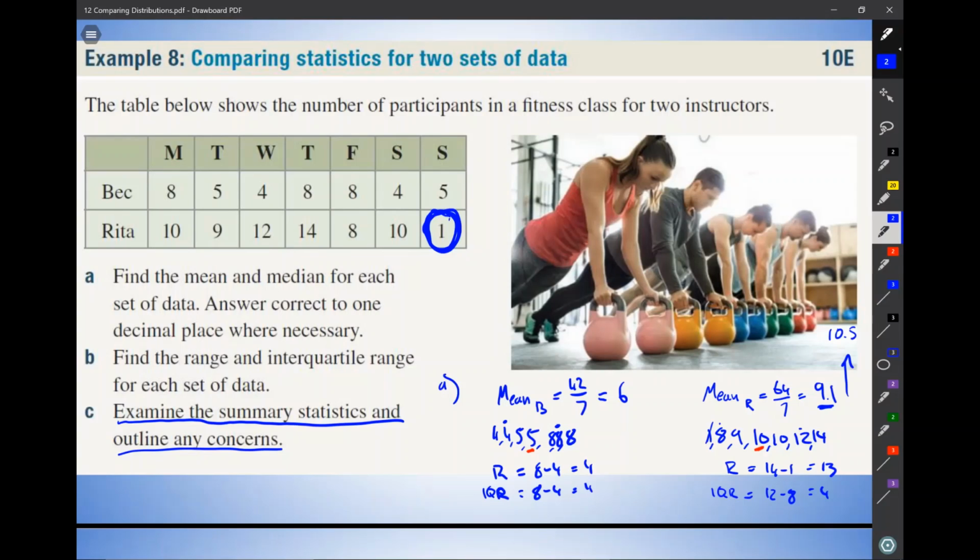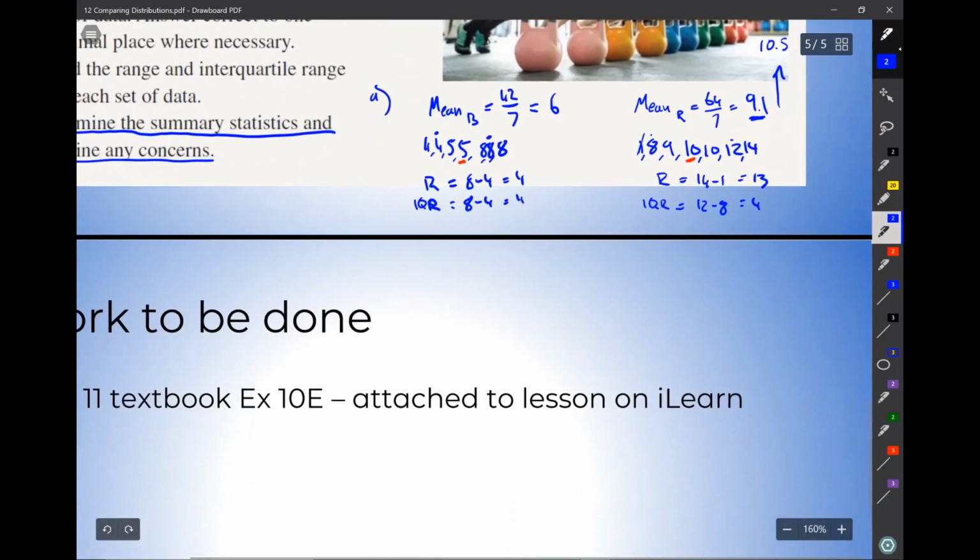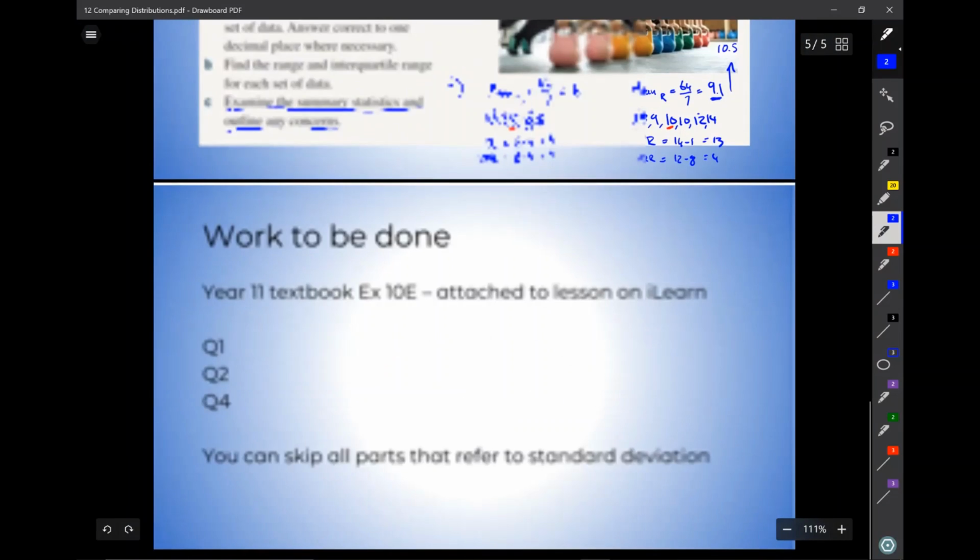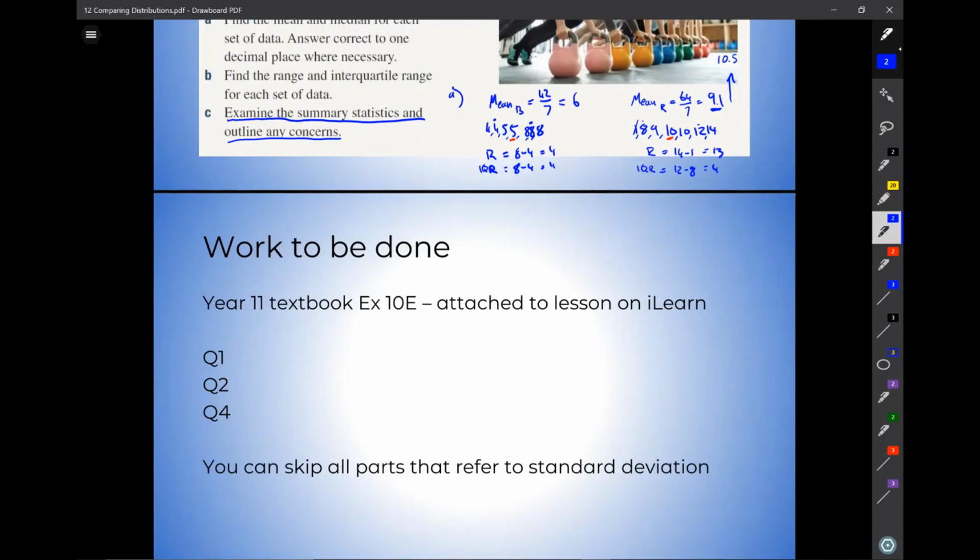So you can see that just one outlier can have a fairly significant impact on certain summary statistics. So you guys are going to look at a few examples. Again, there'll be a little bit of revision, a little bit of drawing some graphs and calculating some of these summary statistics, but most of the questions include one like this at the end, where you need to identify something that's a bit out of place.